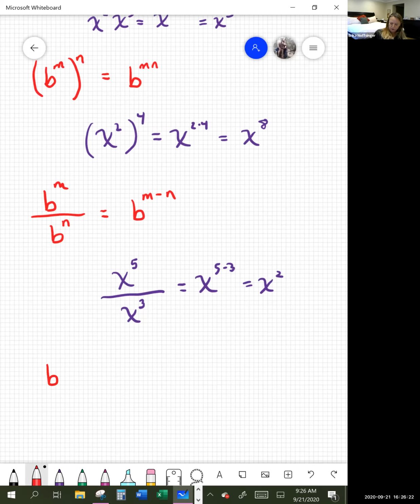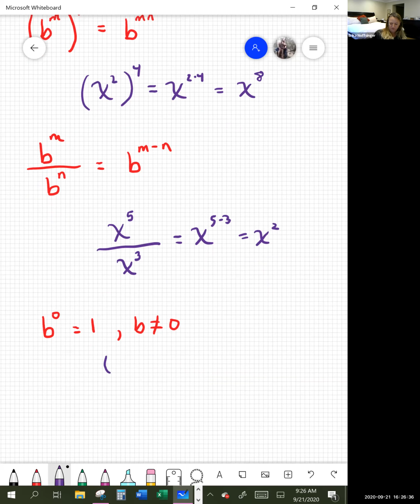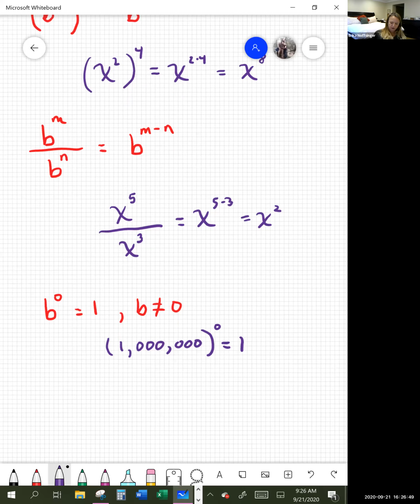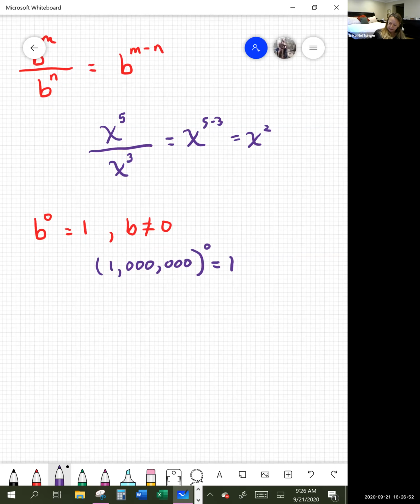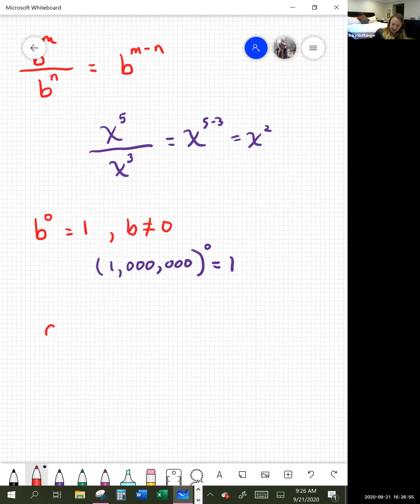Anything other than 0 raised to the 0 power is always 1. I have to put on that stipulation, b cannot be 0. So if I had 1 million all raised to the 0 power, it's just 1. And then if you had maybe a to the m, b to the nth, and this was all raised to the t power.